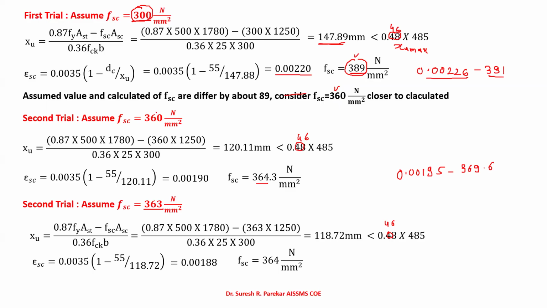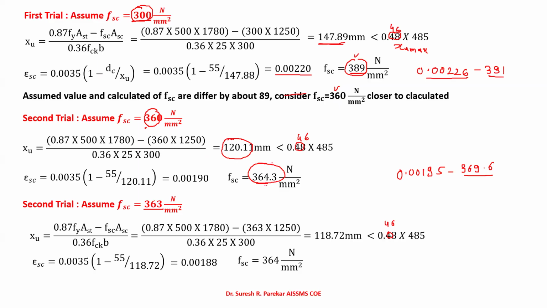Then we have taken the value 360. For this 360, we have calculated XU. We got the value 120.11. For this 120.11, I have calculated epsilon SC, which comes 0.00190. So it is closer to 195. So I have taken it as 364.3. Now we have this 360, we have this 364.3.